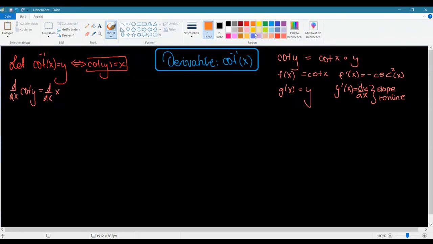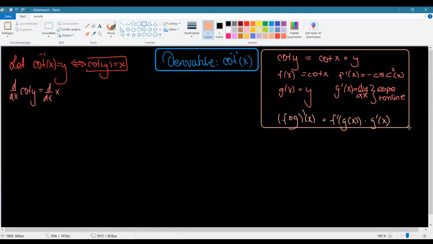So the next thing that we're going to do is apply all this to the chain rule. Well, the chain rule, if you remember, of f composed with g of x prime is f prime of g of x times g prime of x. We have everything we need to complete that already, so we're just going to plug all of that in.